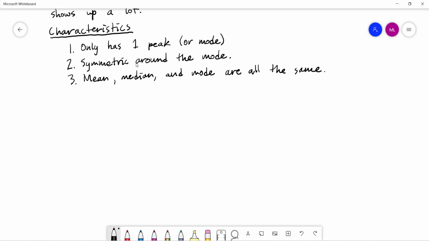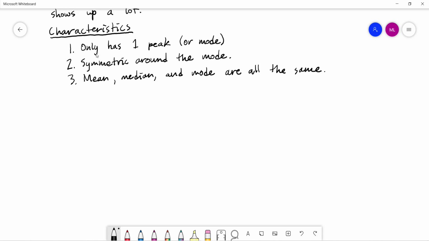It means that this distribution is symmetric. We talked about being skewed left or skewed right and how that affects the mean and the median, how they fall relative to one another. Well, when something's symmetric, the mean and median fall right on top of each other. And because this also only has one peak, it must also be right where the mode is. So the mean, median, and mode are all the same value. This reinforces these 2 points that we just saw up here.